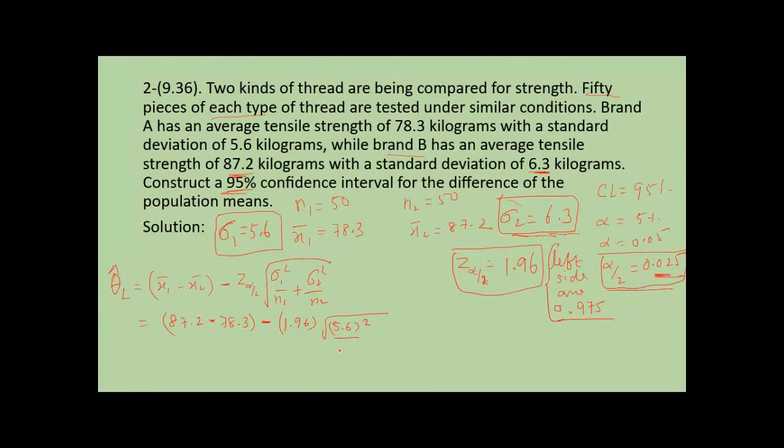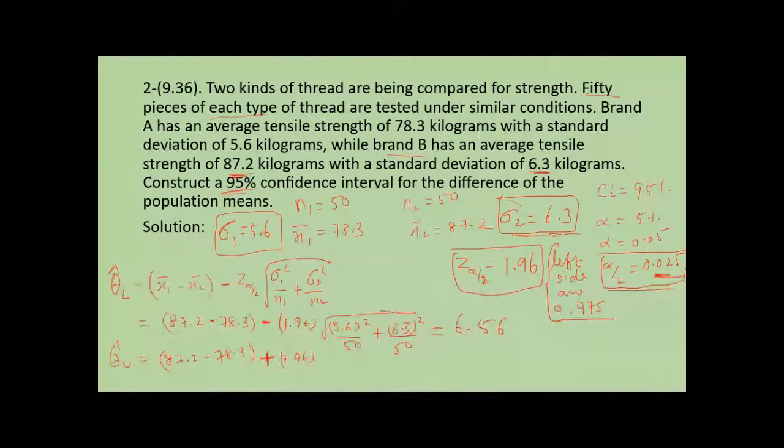5.6 square over n1 is 50 plus 6.3 square over n2 is 50. Solve this one using a calculator. Evaluate this one. We will get 6.56, and the upper limit is the same, 87.2 minus 78.3, the same formula but with the positive sign, 1.96 here.